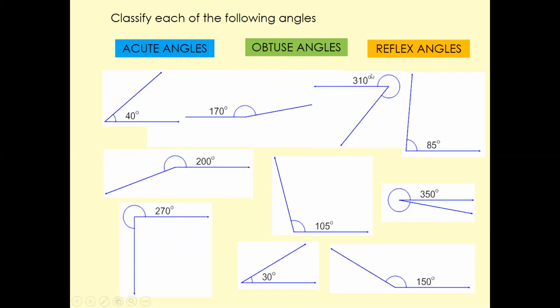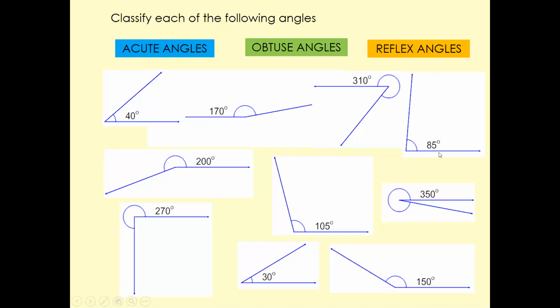This angle there is greater than 180, so that's going to be a reflex angle. You have to be very careful which angle you are measuring. If you measure this angle here, the inside, that's going to be an acute angle. But if you're measuring this angle, which is outside, that's going to be a reflex angle.